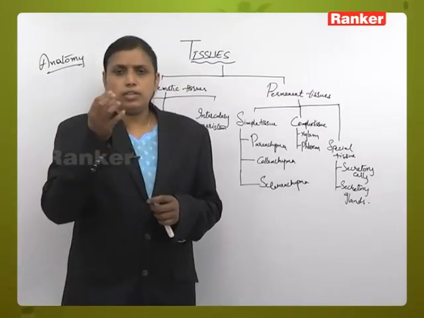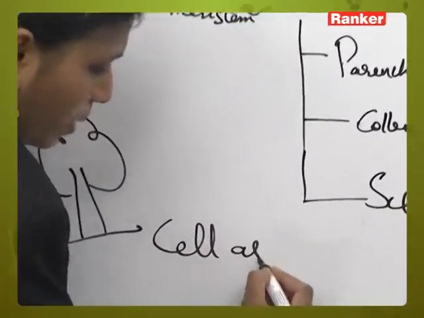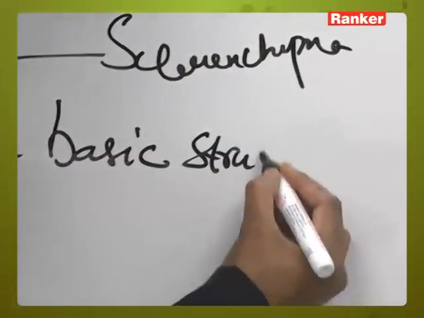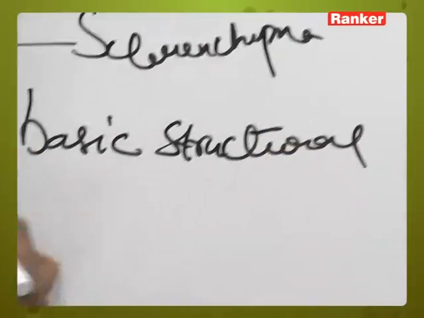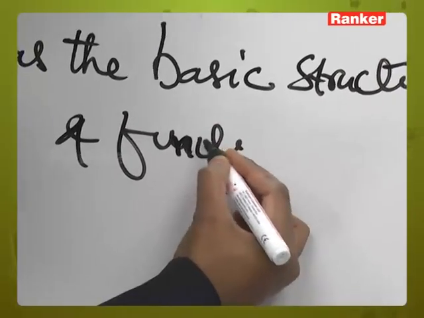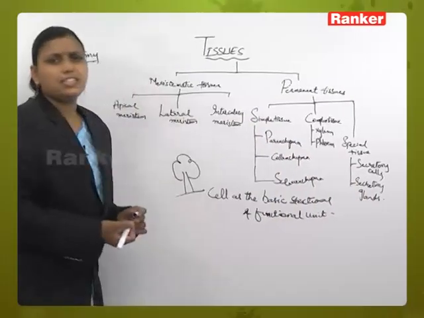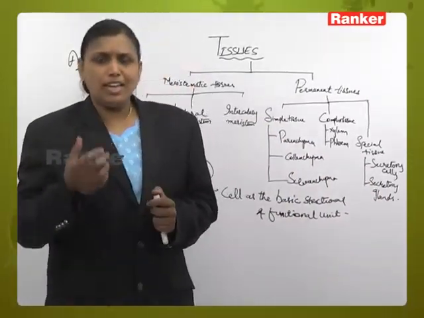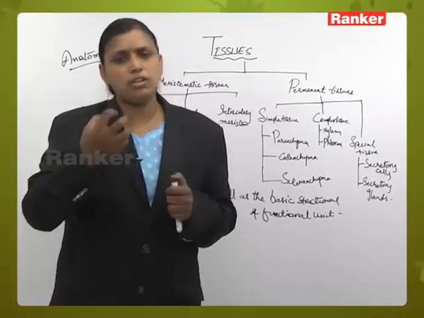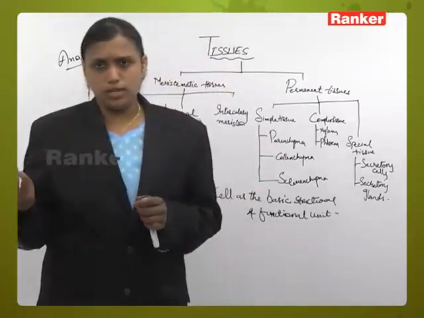In the sciences, we consider the cell as the basic structural and functional unit. Life starts with a unicellular organism like a protozoan, which then multiplies or divides, and through evolution converts from a unicellular to a multicellular organism.